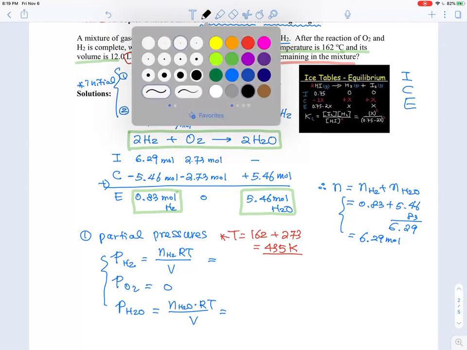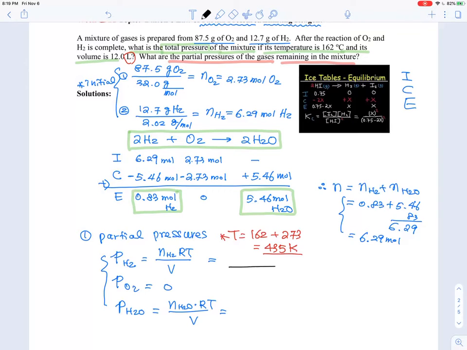That's my choice. So for hydrogen, N is 0.83, R is 0.0821, T is 435, divided by volume 12.0. And this will be 2.5, and the unit is ATM.